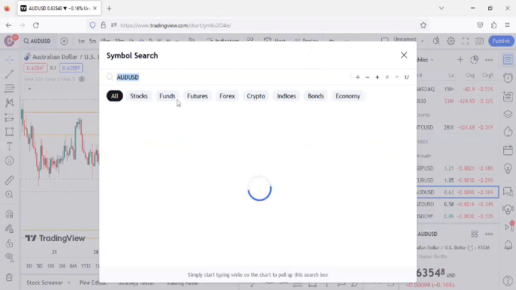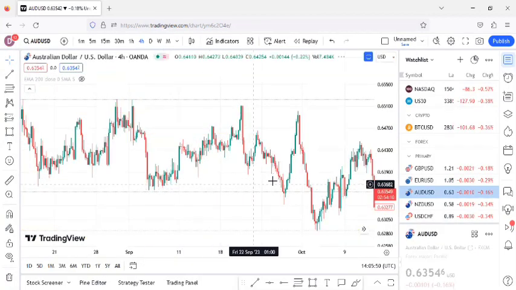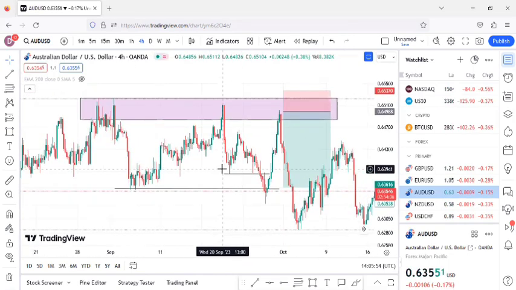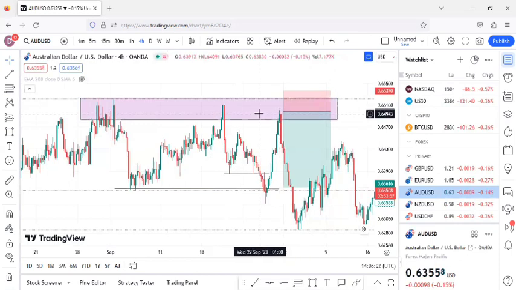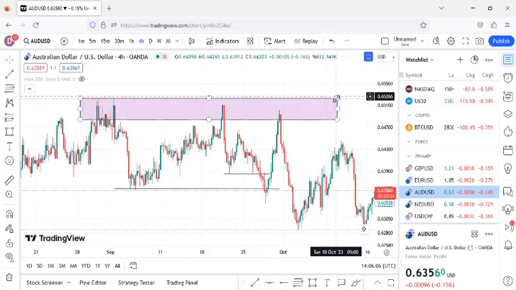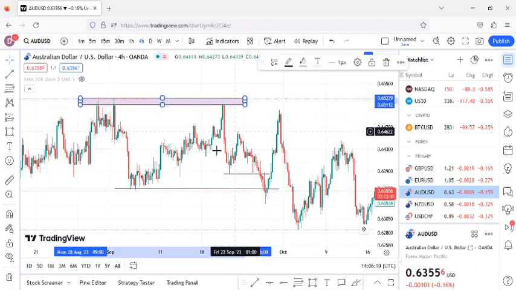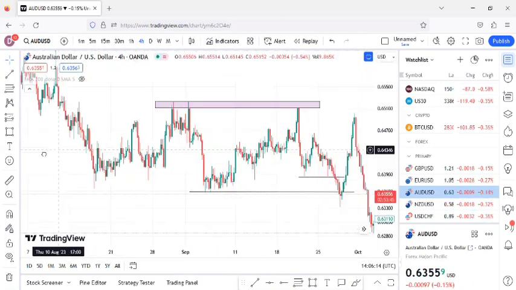Like for example, on this AUD USD, if you look at this place, some people will take this for a double top. Yes, it's a double top. Isn't it? It's a double top.